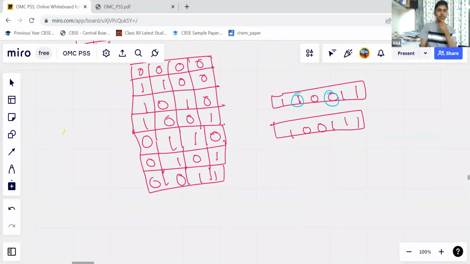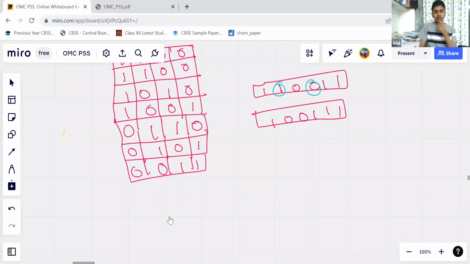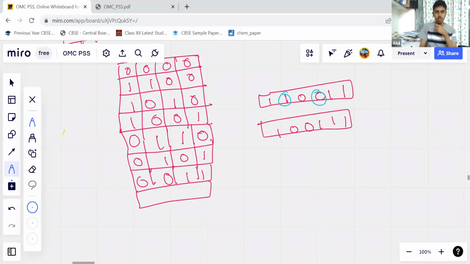Right. So to extend this construction to work, we can add 1100 as Pranav said.